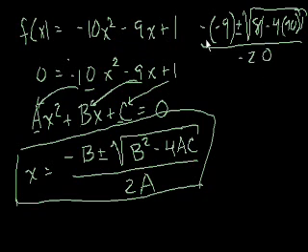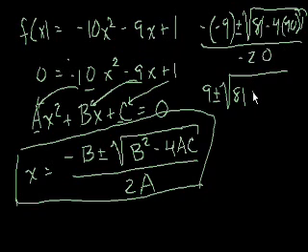So let's simplify that. Negative times negative 9 is positive 9, plus or minus the square root of 81. We have a negative 4 times a negative 10, times 1. I know it's very messy, I really apologize for that. Negative 4 times negative 10 is positive 40.